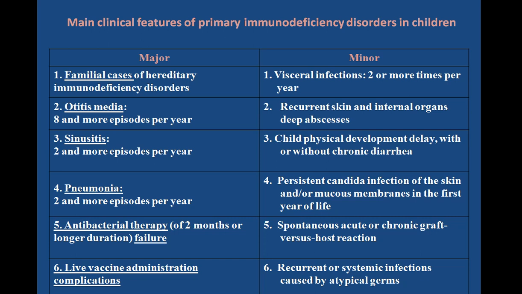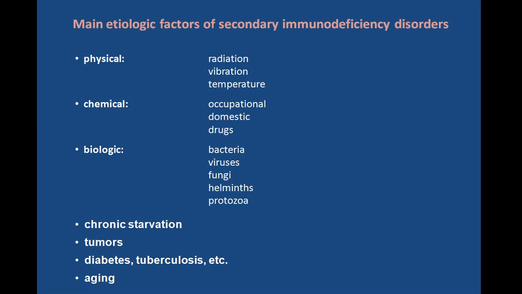Spontaneous, acute or chronic graft versus host reaction. And recurrent or systemic infections caused by atypical germs. So you see these main clinical features depend mainly on the different kinds of infections that show the weakness of the immune system.